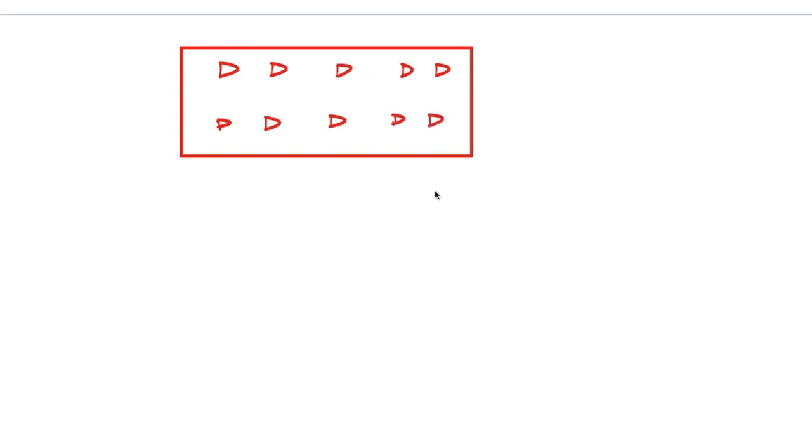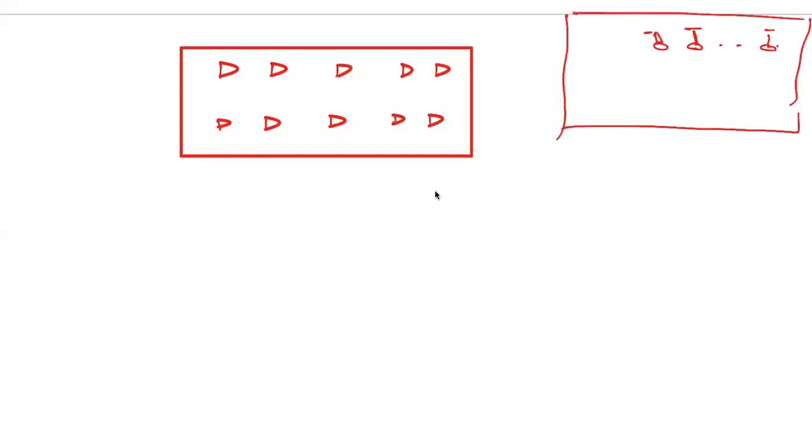These 10 switches are connected to 10 different bulbs, and these bulbs are in a hall.